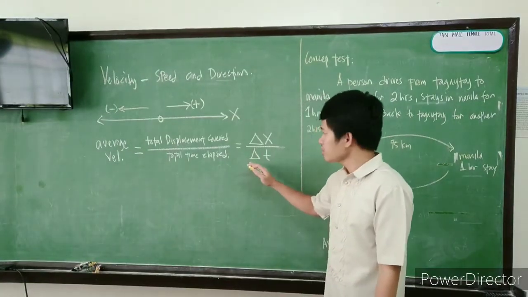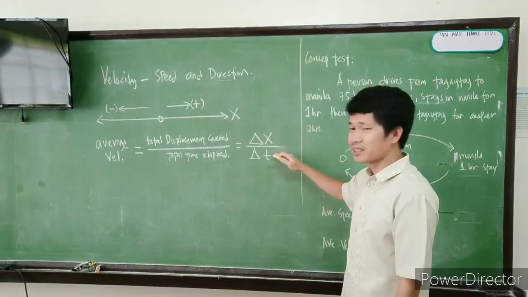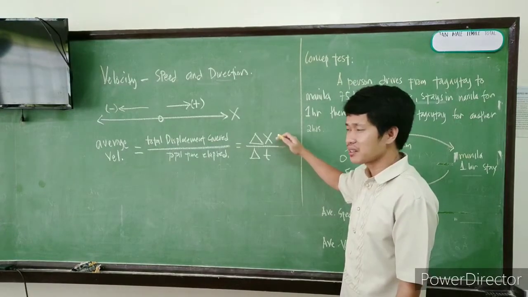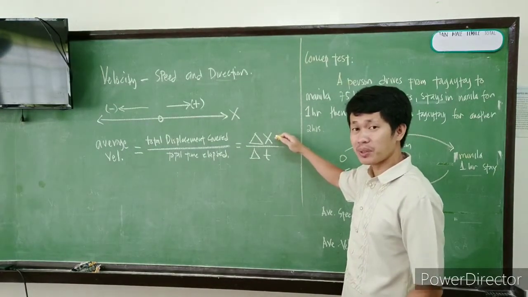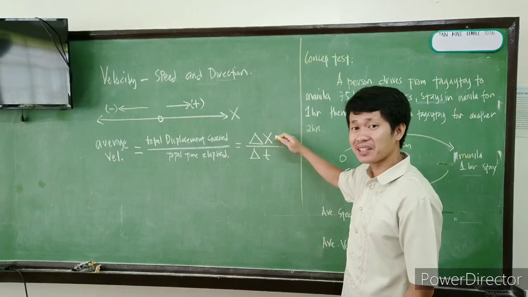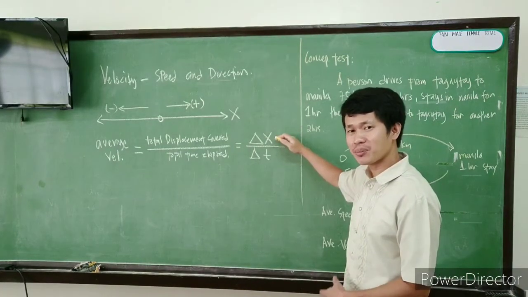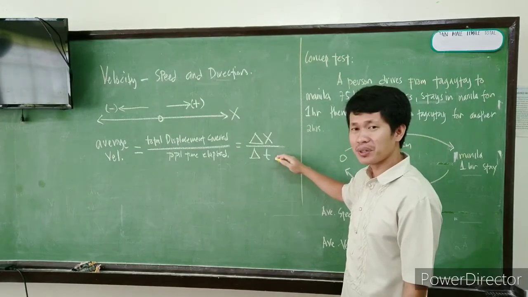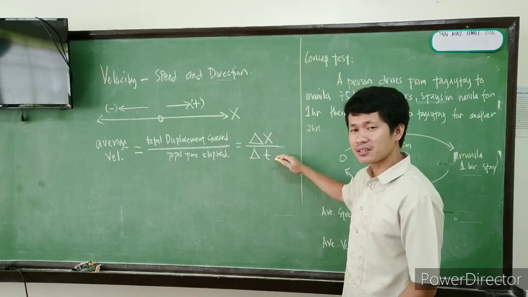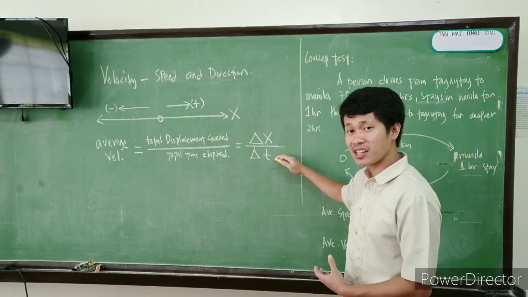Itong delta x over delta t, pwede din natin sabihin na x final minus x initial, final position minus initial position. Tapos ito namang delta t, t final minus t initial.